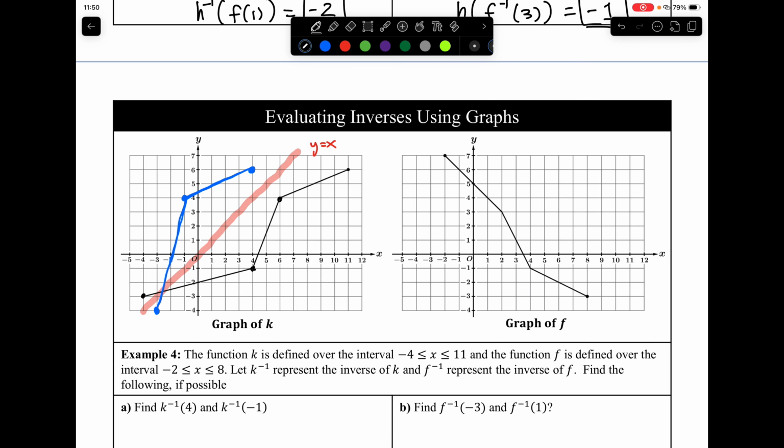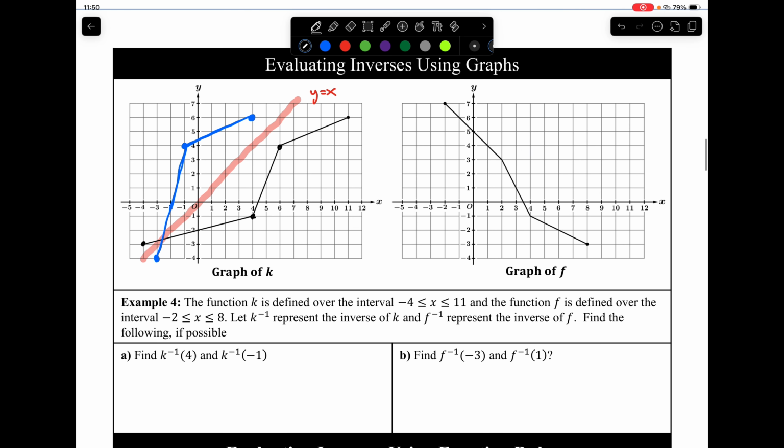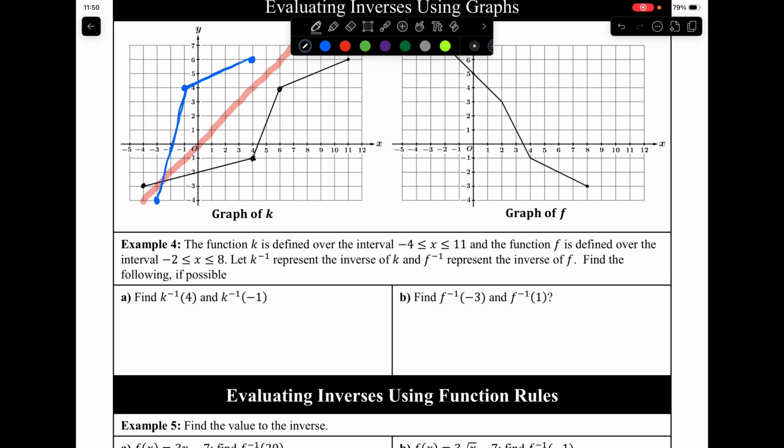So let's use this blue graph, the inverse of k, to evaluate k inverse at 4 and at -1. So k inverse of 4, according to the graph, for x is 4. We're not looking at this point there, we're looking at the y value of the inverse, which is the blue one.